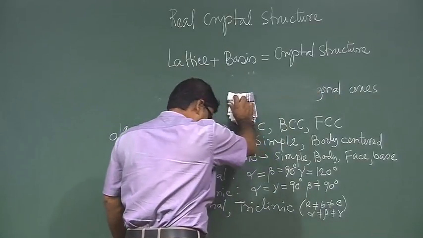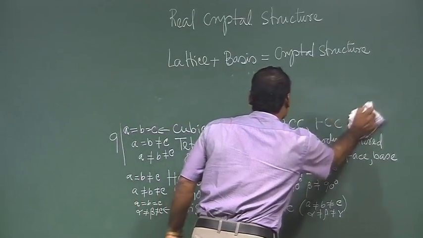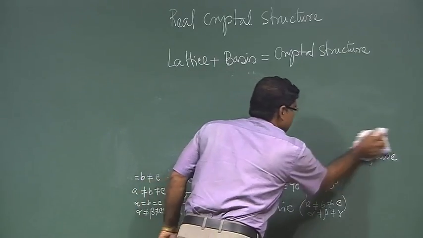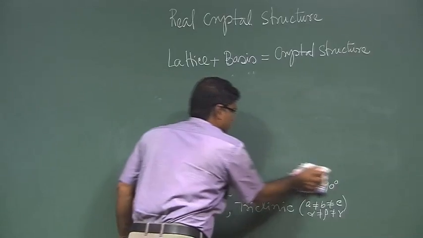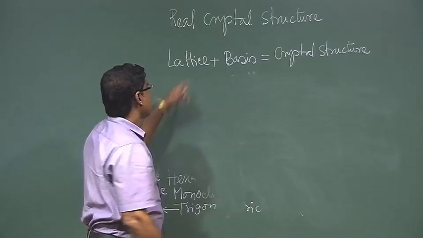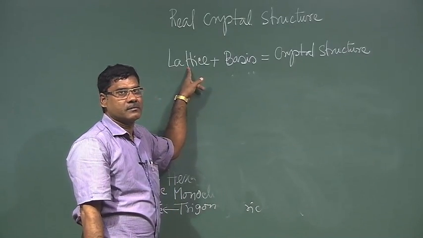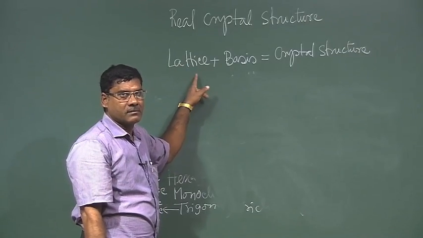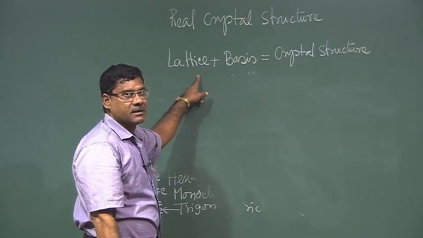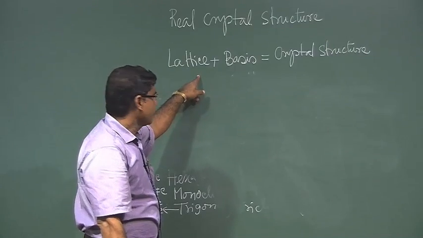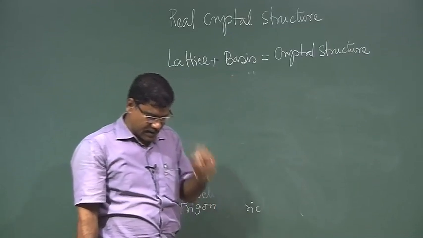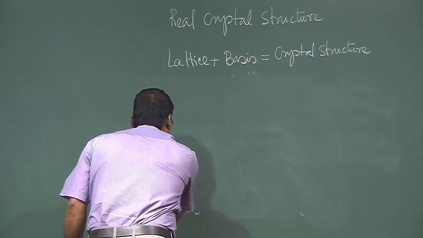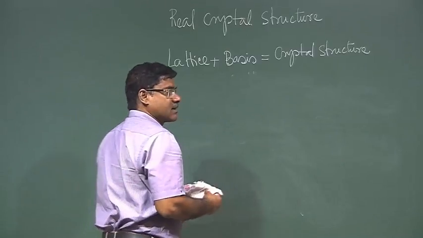As we have discussed, a material will have a crystal structure taking one of the Bravais lattices out of 14, it will have one type of lattice, and then by adding a basis in that lattice, one can find out the real crystal structure of that material.